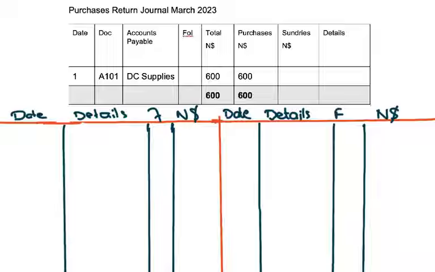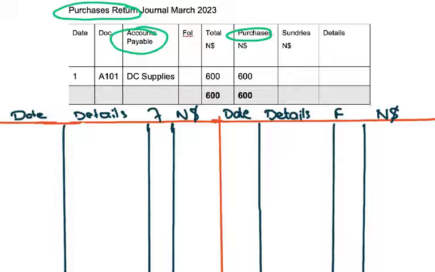Now let's quickly look at the 2 accounts that we need to create in the general ledger, and I will immediately see that I have accounts payable, and then there's a purchases. But remember, because this is a purchases return journal, I will not create a purchases account.